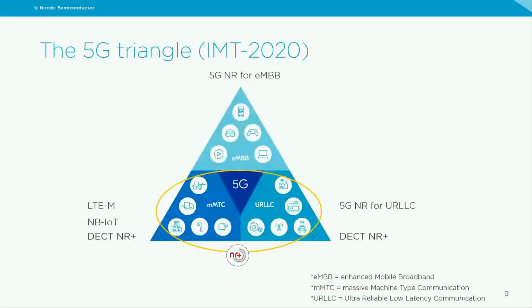Going a bit back into 5G, it's important to spend some time on that to also make you understand how NR Plus fits into that. So 5G is formally also known as IMT 2020, or International Mobile Telecommunication Standard set in 2020. So the International Telecommunication Union, ITU, they define these overall standards for telecommunication and publish them around every 10 years or so.